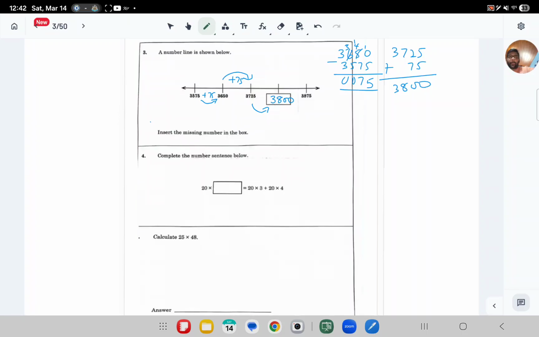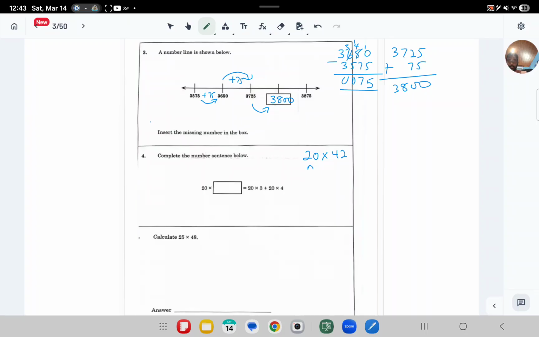Alright, number 4. We have 20 multiplied by some number is equal to 20 multiplied by 3 plus 20 multiplied by 4. This is the distributive law in mathematics for multiplication. Normally we have a 2-digit number, let's say 20 multiplied by 42.